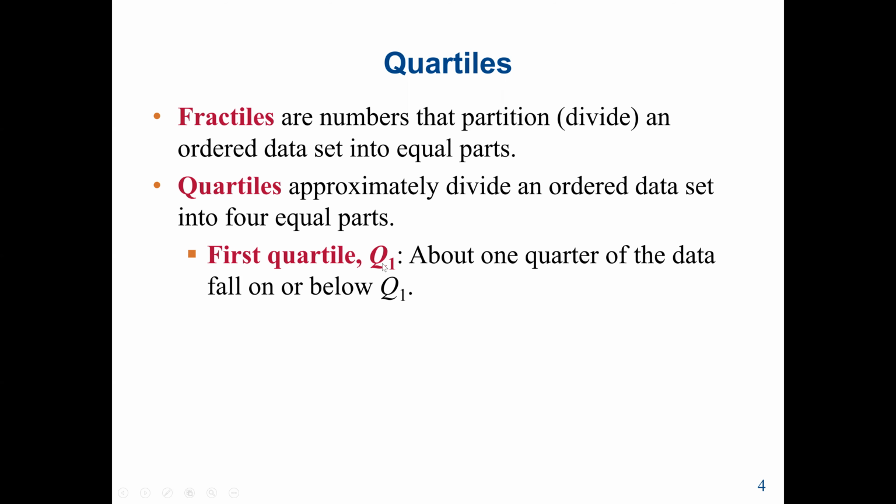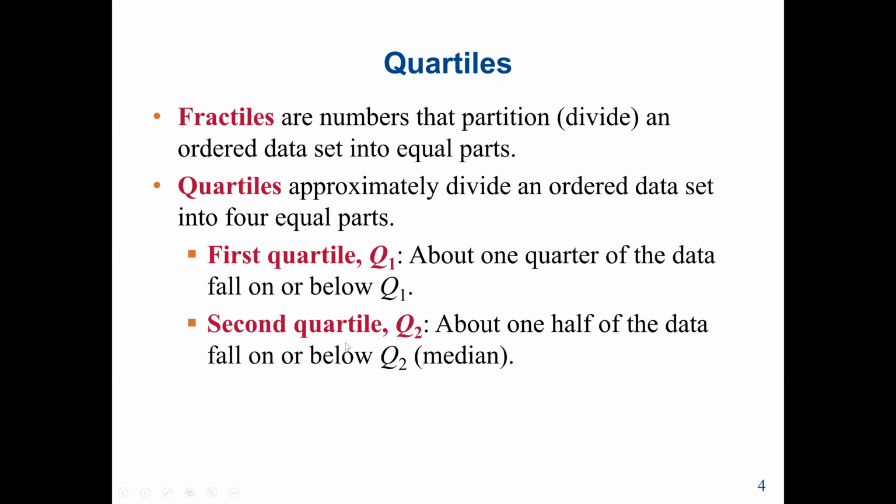For the first quartile, which is the Q1, about 1/4 of the data fall on or below the Q1, which is the 25%. The second quartile, which is the Q2, is where about 1/2 of the data fall on or below the Q2, the median also. The reason we say the median is that anytime we are looking for quartiles, we have to put the data in ascending order.